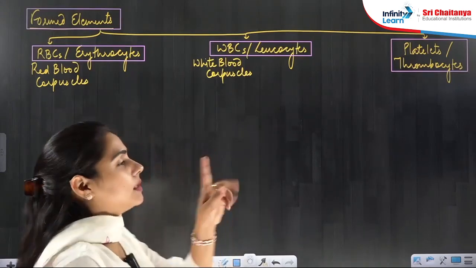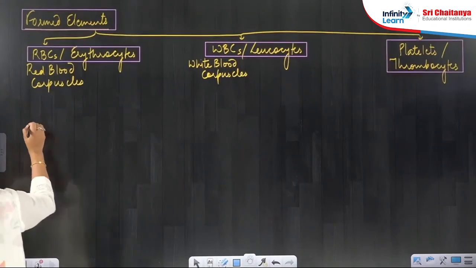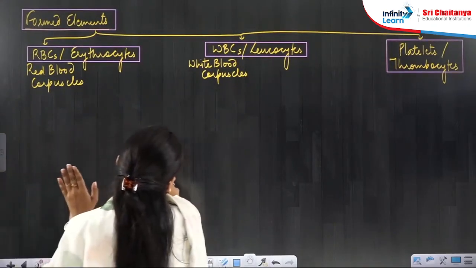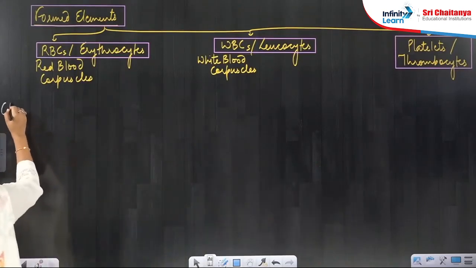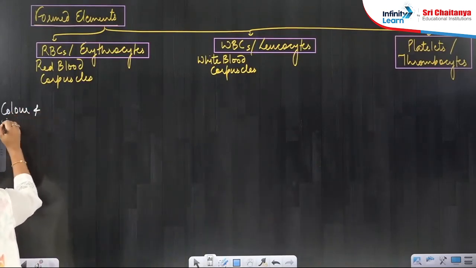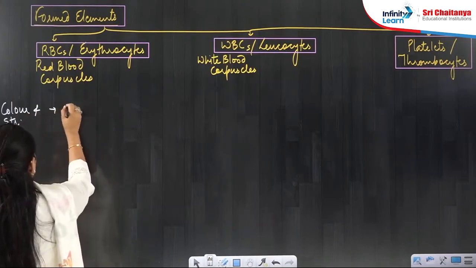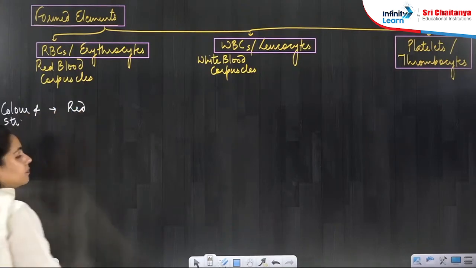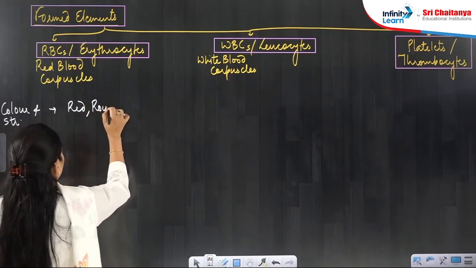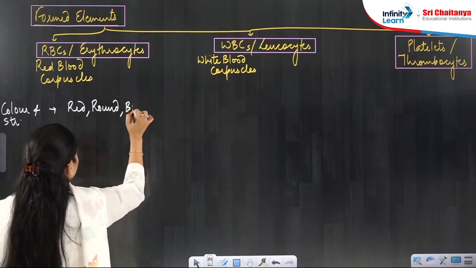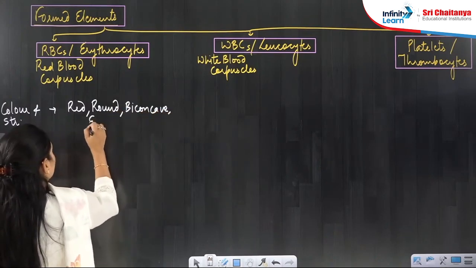Can you tell me the color and structure of RBC? The color of the RBC is red. Yes or no? The structure of the RBC is round, biconcave, and there is no nucleus.